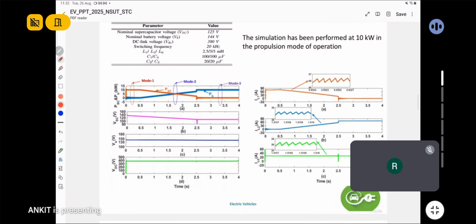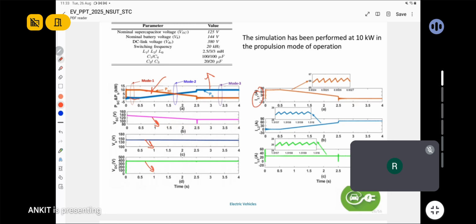You can see here in mode 1, this is the supercapacitor power, this is the battery power, this is the supercapacitor terminal voltage, this is the battery voltage, and this is the DC link voltage. As long as the supercapacitor alone is providing power, the battery power will be 0, and when its power supplying capability decreases, the battery will supply power to the system.